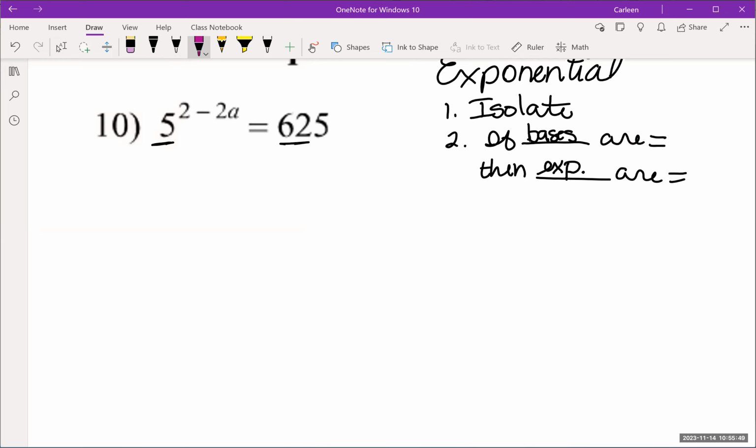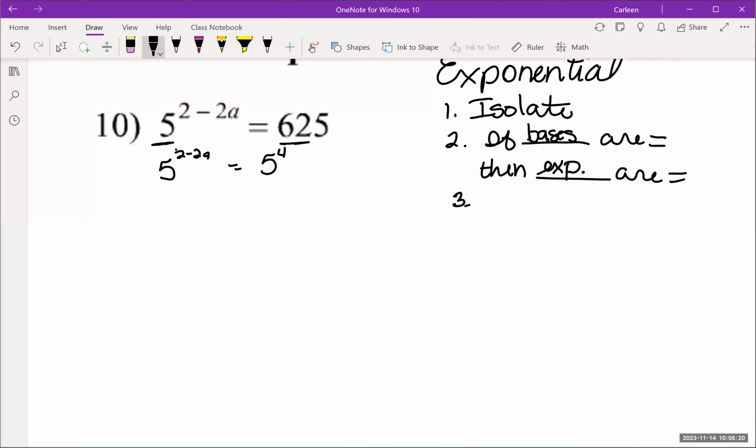Okay. So I have 5 to the 1st. And I replace 625 with 5 to the 4th. Okay, if the bases are the same, then the exponents are the same. So I take the exponents and bring them down.